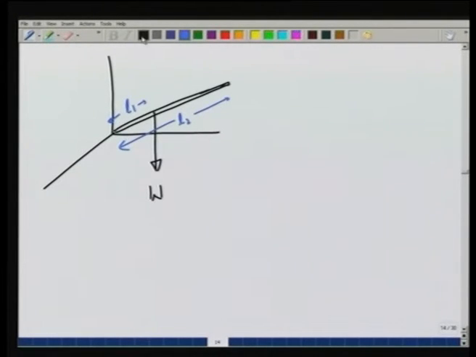There is normal reaction N_x, N_y and N_z, and there are these 2 tensions in x y plane making angle alpha from here. So, if I were to write the force, let me call this tension 1, let me call this tension 2.